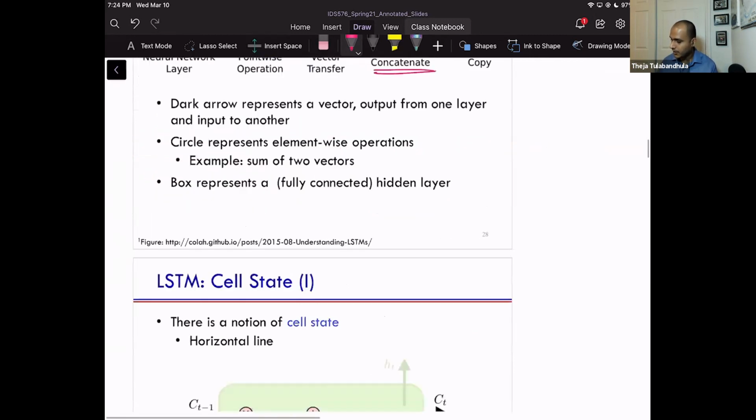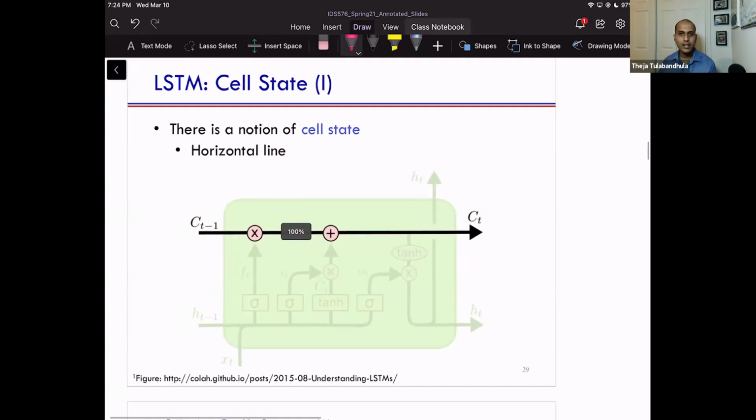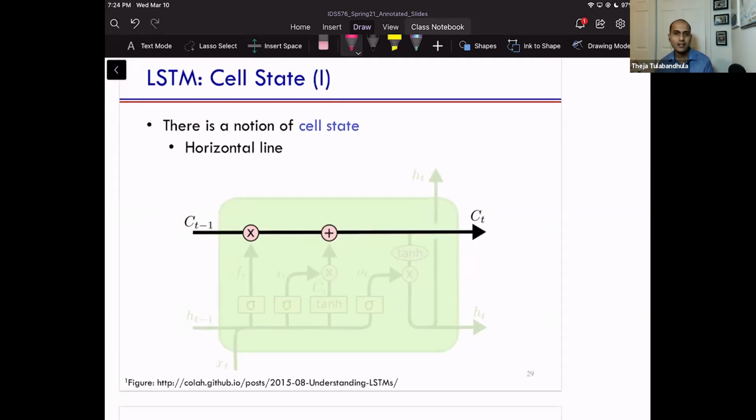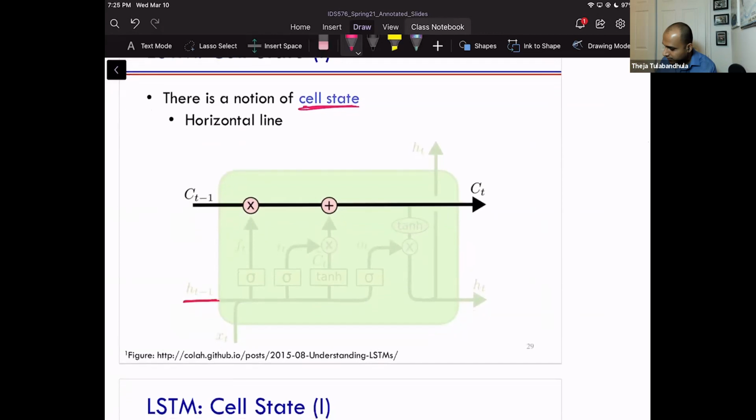So now let's focus on the LSTM, and we're going to do it part by part. The whole LSTM block has a lot of regions, so let's focus on one part of it, which is called the cell state. If you see this diagram, there are actually many inputs and many outputs.